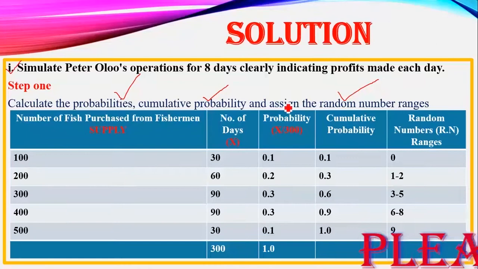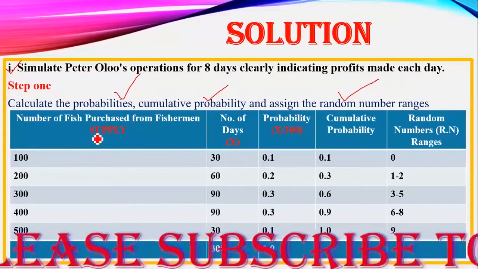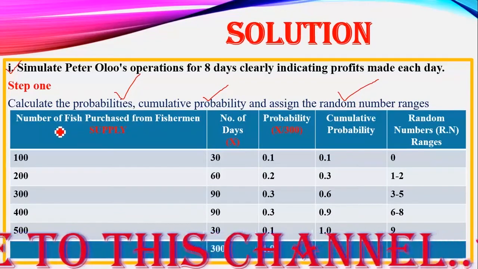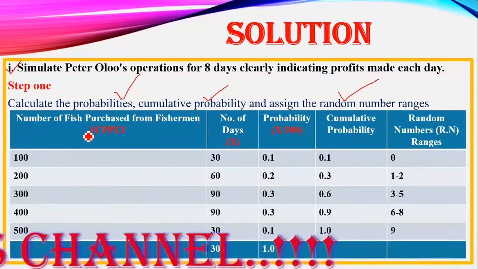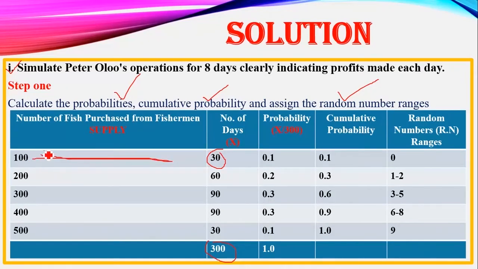So this is how you're going to get the probabilities. Let's start with the supply. The supply here represents the number of fish that were purchased from the fishermen. So we are told in 30 out of 300 days, the supply was 100. So what does that tell you?